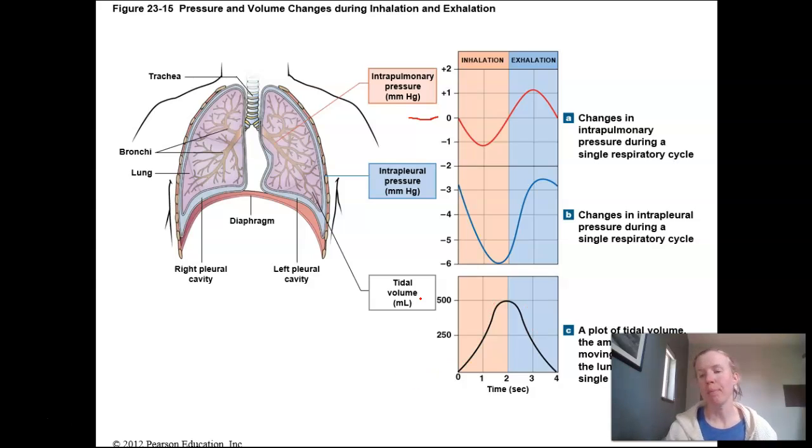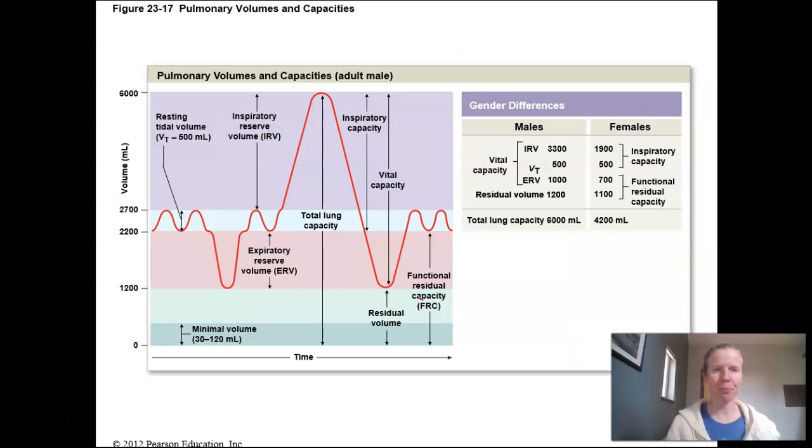In a normal inhalation, we move about 500 mils of air into the lung or out of the lung, depending if you're talking about inspiration or expiration. So tidal volume is that normal breath, right? What the volume is going to be. Okay, so hopefully this image helps a little bit. But again, it all comes back to that inverse relationship between pressure and volume.